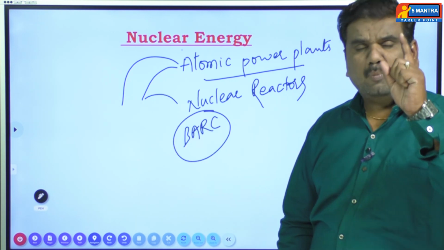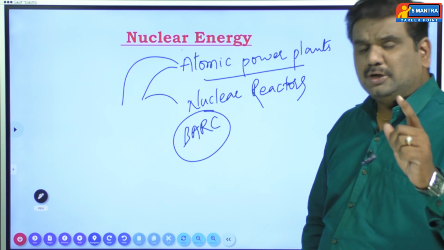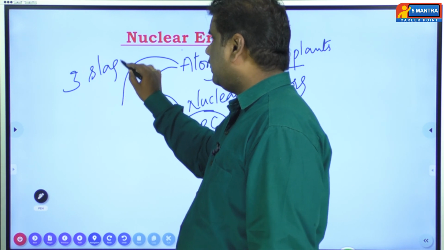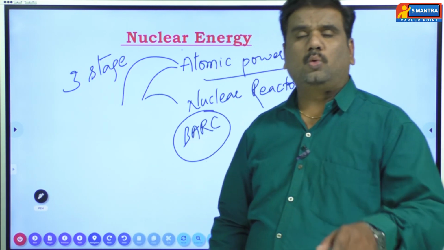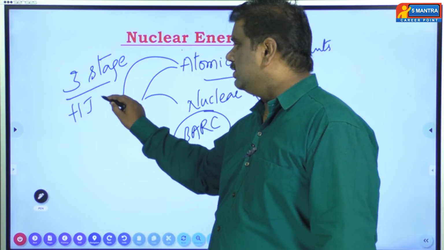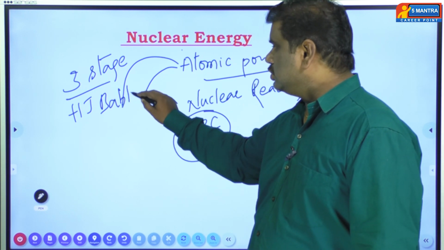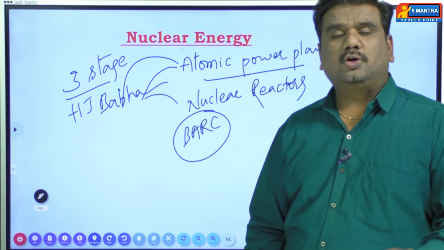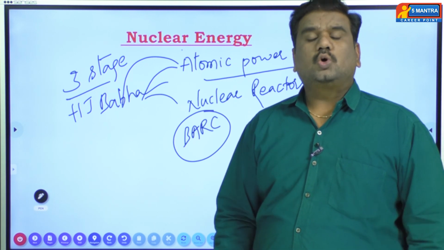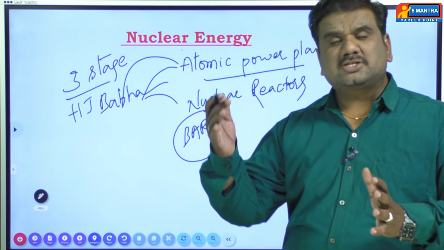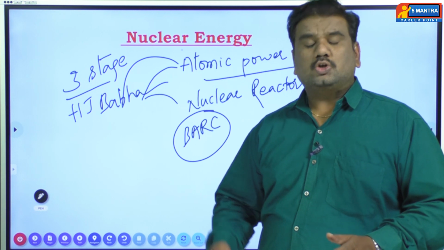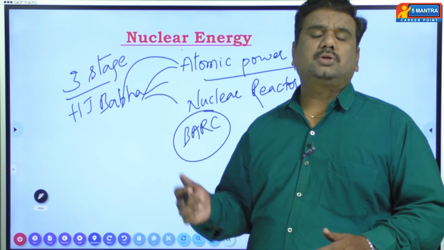At the same time, the most important one in nuclear energy is the three-stage nuclear development program that was started by Homi Jehangir Bhabha, who is also known as the father of the Indian nuclear energy program. You talk about pressurized heavy water reactors, fast breeder reactors, and advanced heavy water reactors.